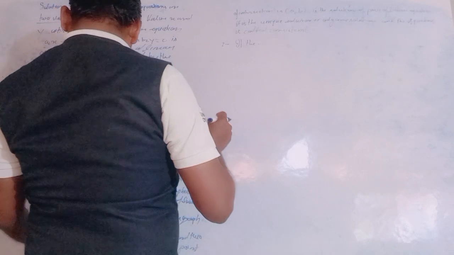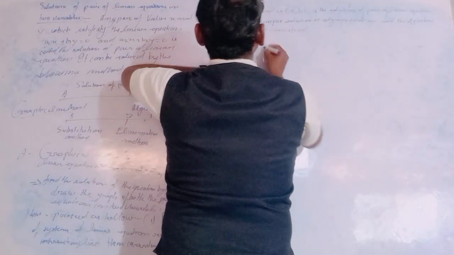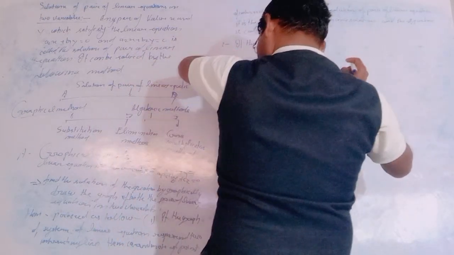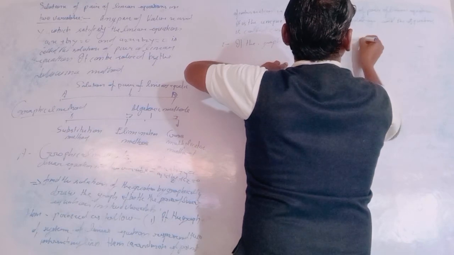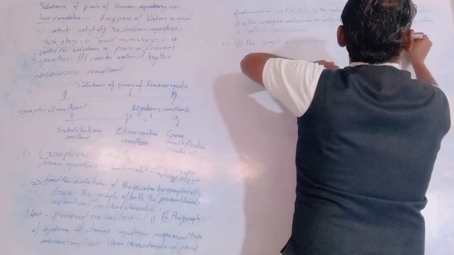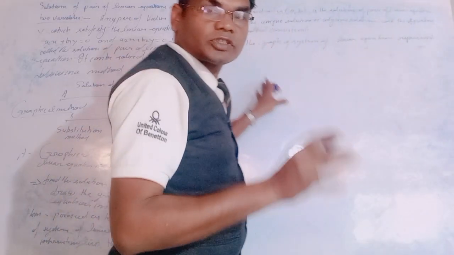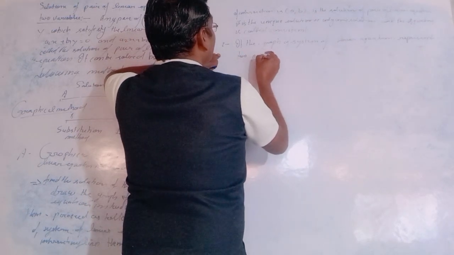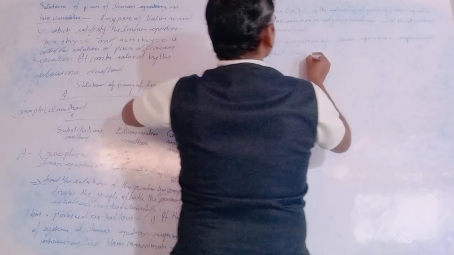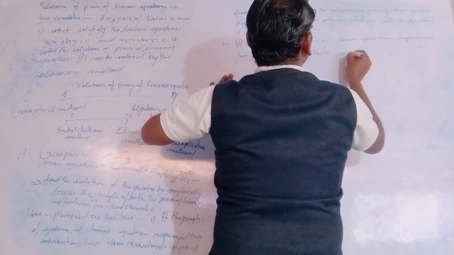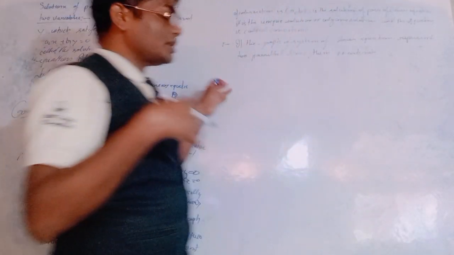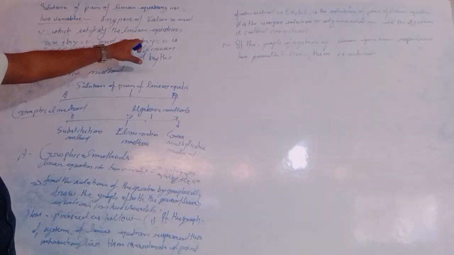If the graph of the system of linear equations represents two parallel lines, then there are no coordinates of a point of intersection.